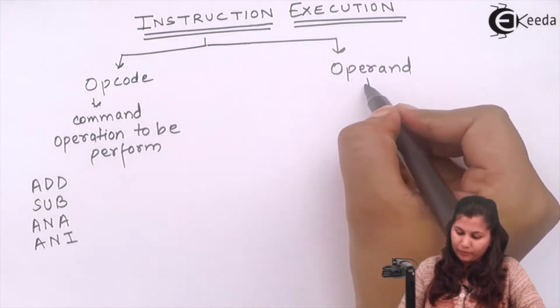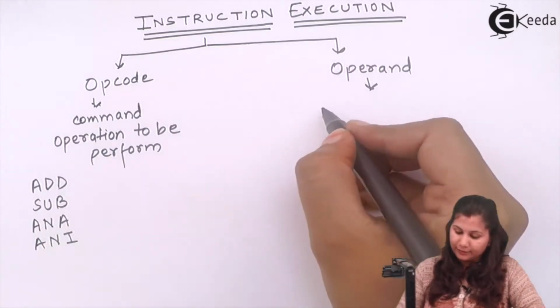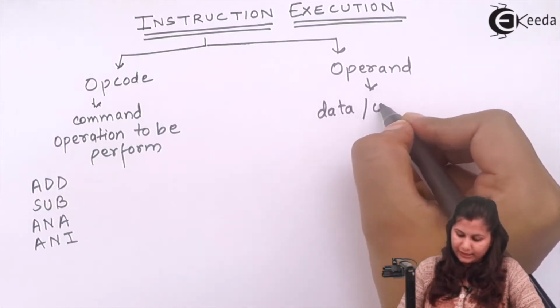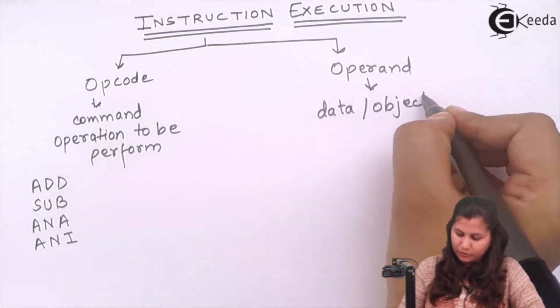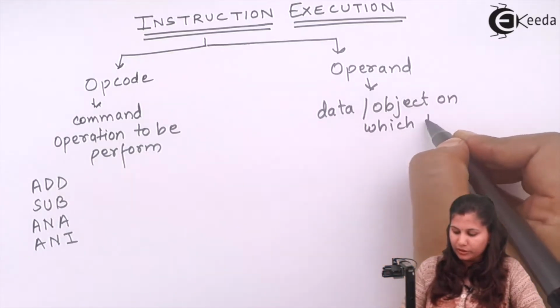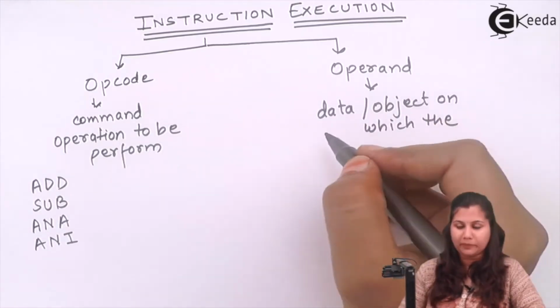Then operand is the data, or we can say it is the object on which the operation is to be performed.